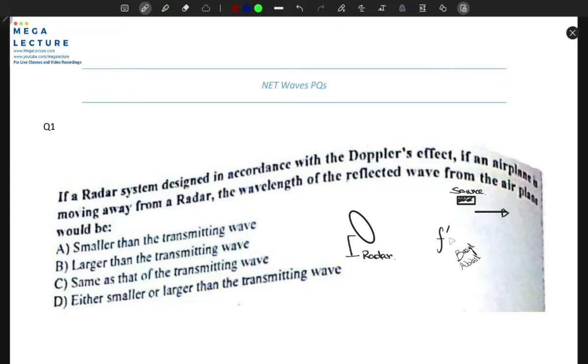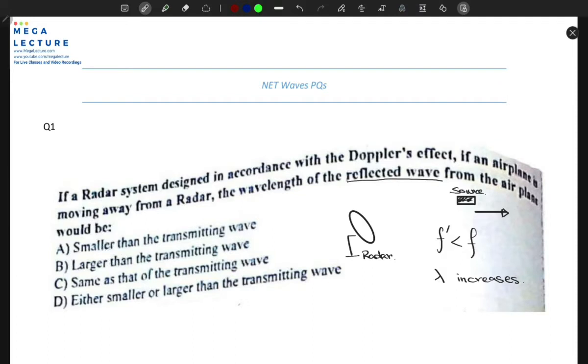The apparent frequency would be less than the frequency of the wave itself, and if the frequency is less, then the wavelength would be higher, right? So we can say that the wavelength lambda increases. That's the conclusion that we can make from this system about the wavelength of the reflected wave.